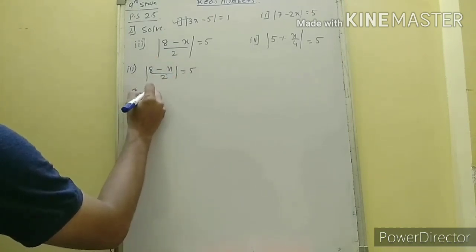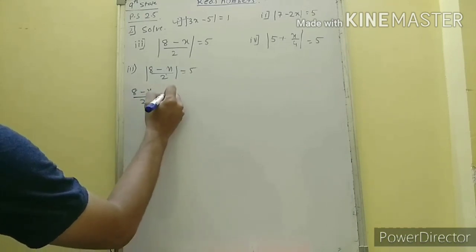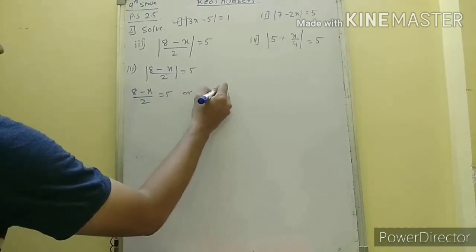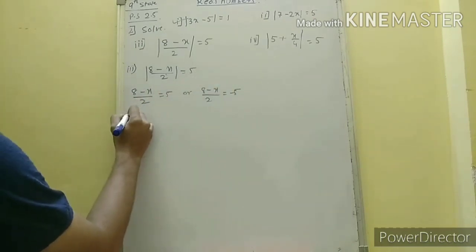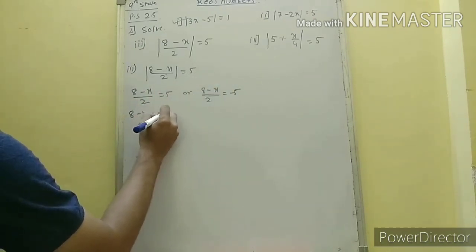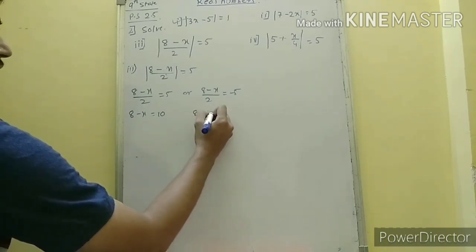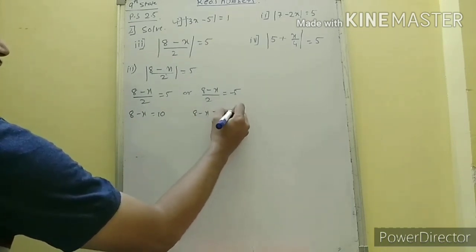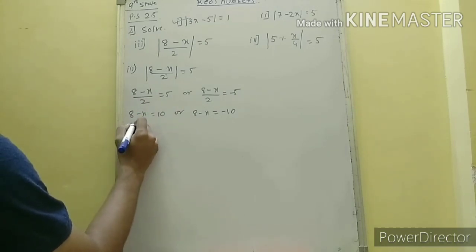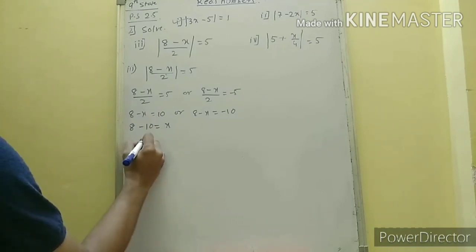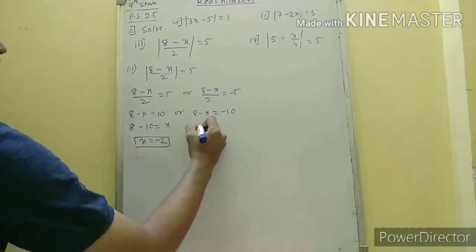So I will write 8 minus x upon 2 is equal to 5, or 8 minus x upon 2 is equal to minus 5. 2 fives are 10, is equal to, 2 fives are minus 10. Minus x will go there and become plus x. 10 will come this side and become minus 10. So x is equal to 8 minus 10, which is minus 2.